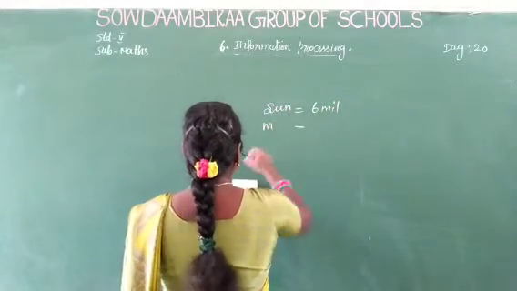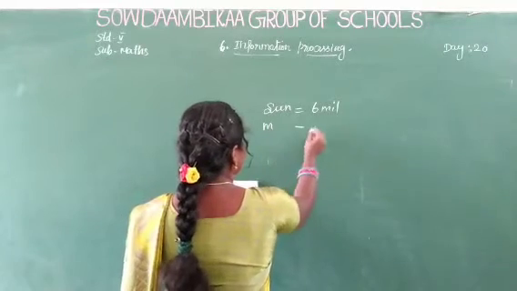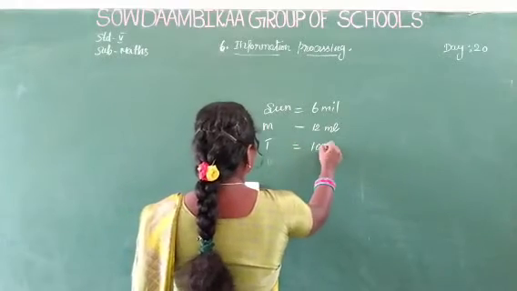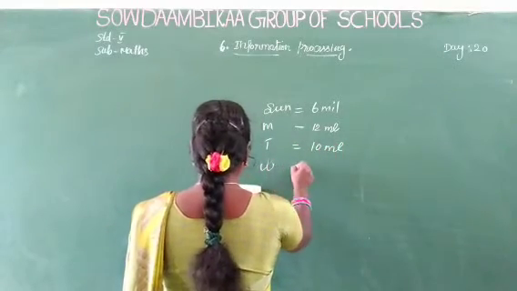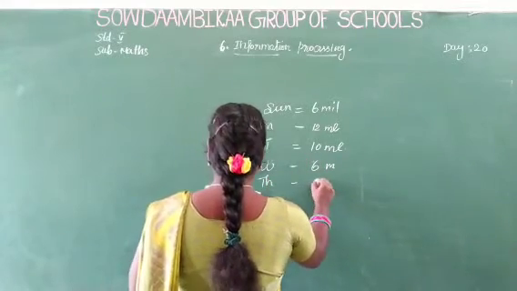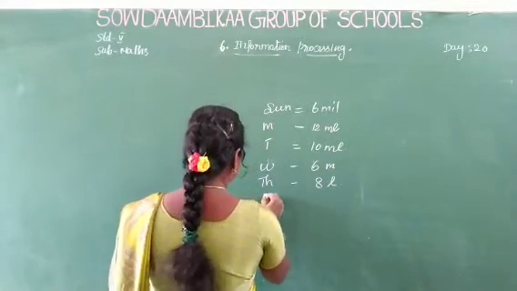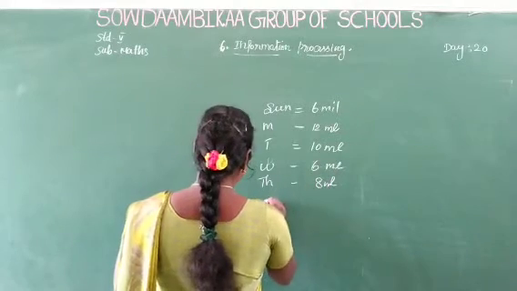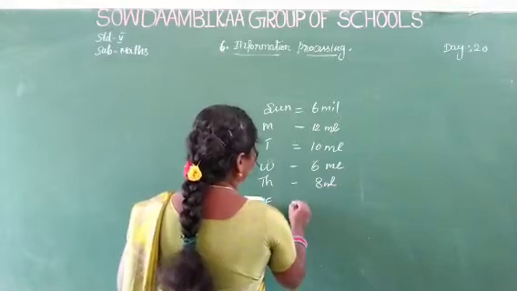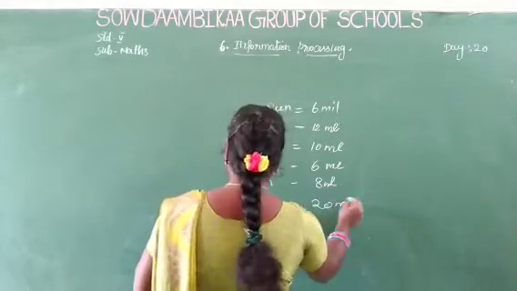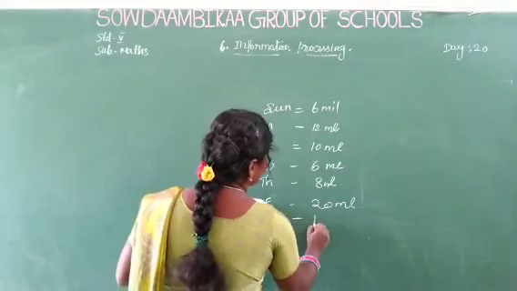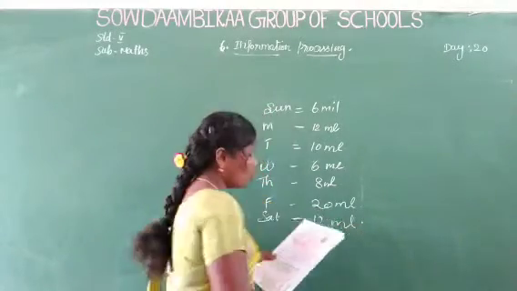Monday 12 milliliters. Tuesday 10 milliliters. Wednesday 6 milliliters. Thursday 8 milliliters. Friday 20 milliliters. Saturday 12 milliliters. Okay, this is a pictograph.